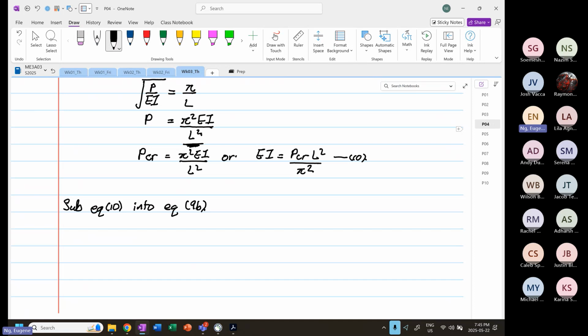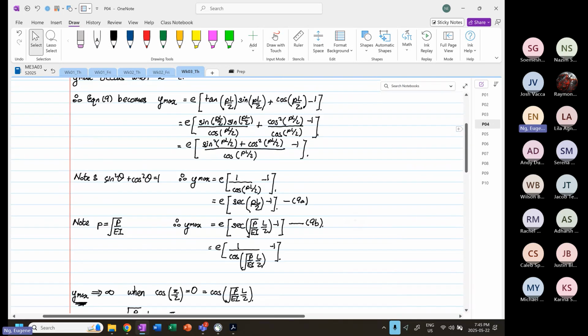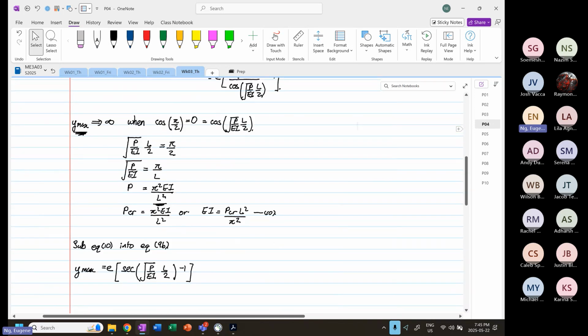So we have Y max. So 9b is equal to E, and then you have secant, then you have a square root P over EI, L over 2, and then we have this whole thing minus 1. Okay, so that is our equation 9b. Let me check. That is our equation 9b, exactly the same.